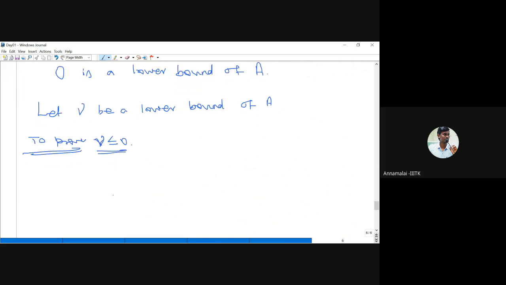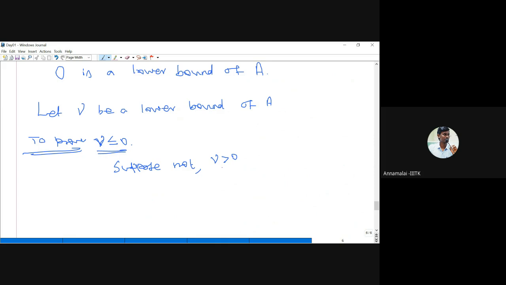Suppose not. Suppose gamma is not less than or equal to 0. Suppose not means what? Gamma should be positive. Since gamma is positive, therefore gamma should lie in the interval.